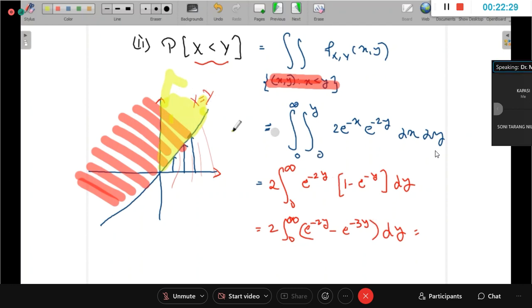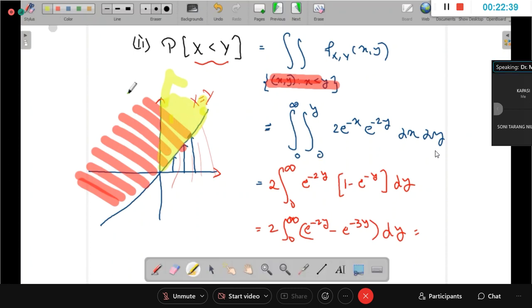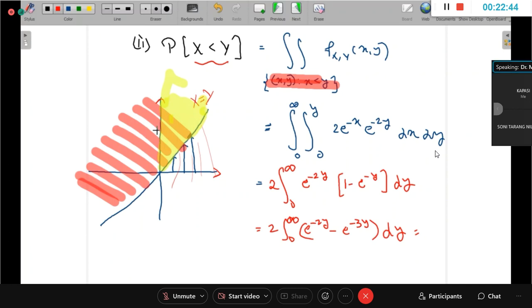Over this region the joint PDF is non-zero. Otherwise, it is zero. Now if you look at the limits, x equals 0 on this line, this is the region.